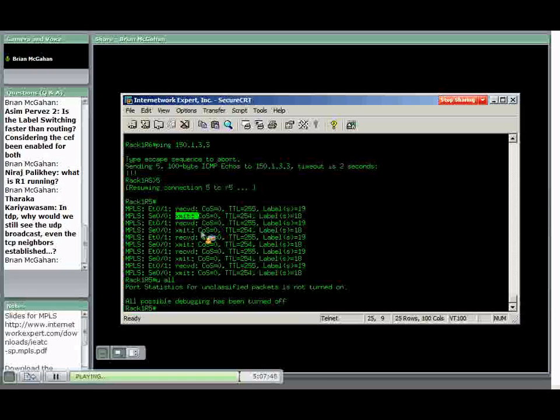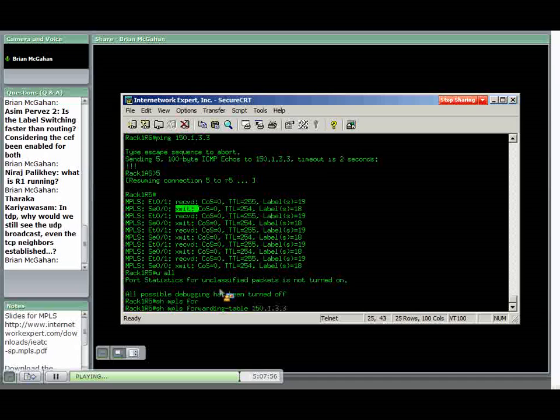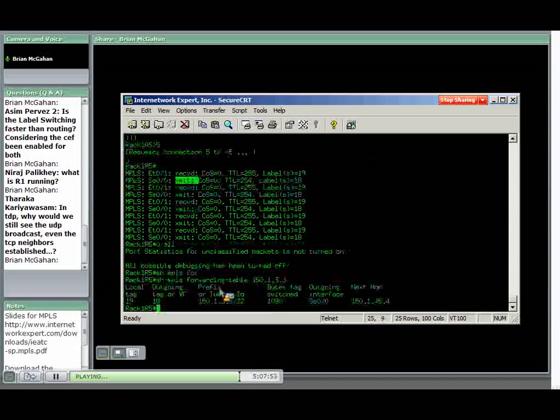Right now, this is showing us, based on our IGP routes in the network, what labels we are building based on them. Okay, so from router 6, let's say we go ahead and send some traffic to this destination. We'll ping 150.1.3.3.